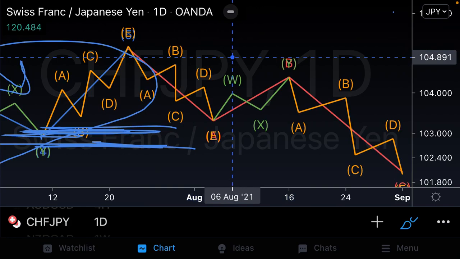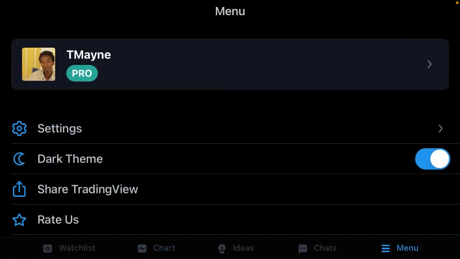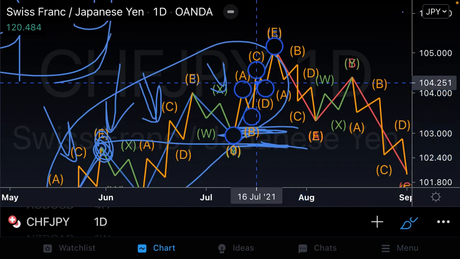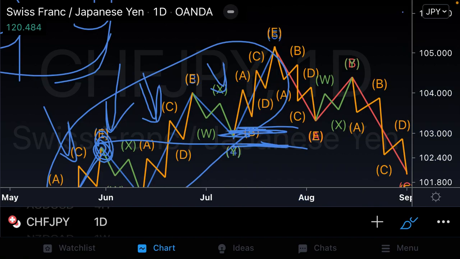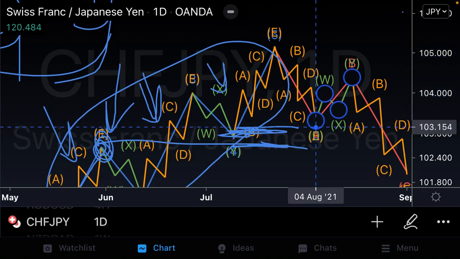Guys, now that we have these 7 decisive rules and we understand our impulsive phases and our corrective phases, we'd have so much more context.